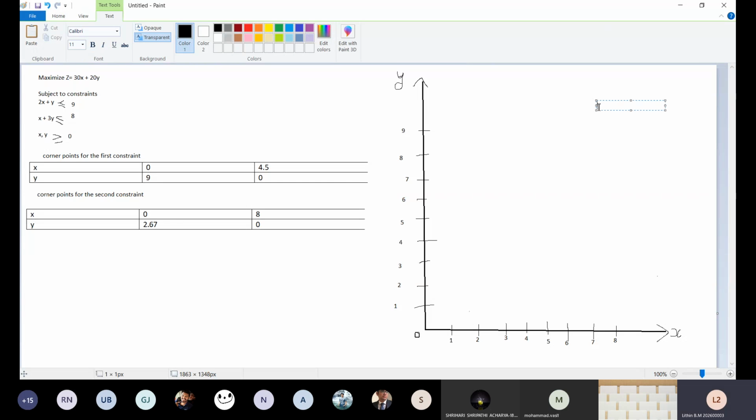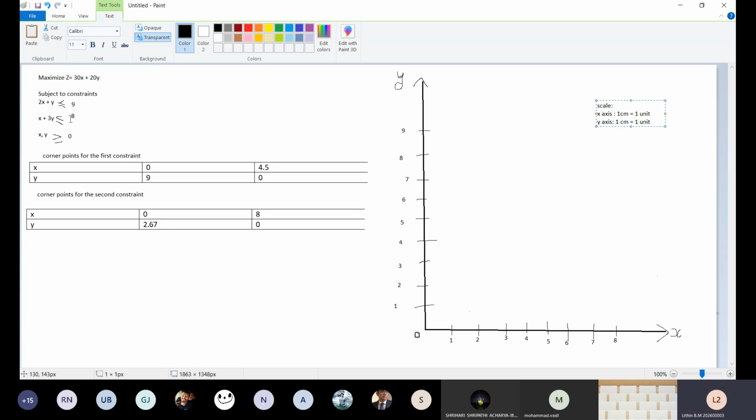So scale: x-axis, 1 centimeter equals 1 unit, and y-axis, 1 centimeter equals 1 unit again, because I'm taking the difference of only 1.